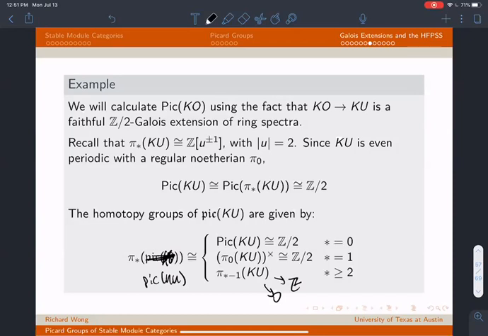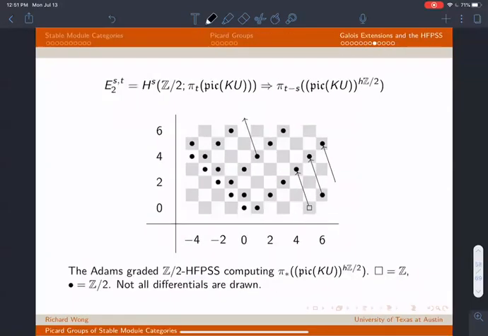So now we can look at the homotopy fixed point spectral sequence. And what we need are the comparison tools. So we have for t minus s bigger than 0 and s bigger than 0, we can import everything in here.